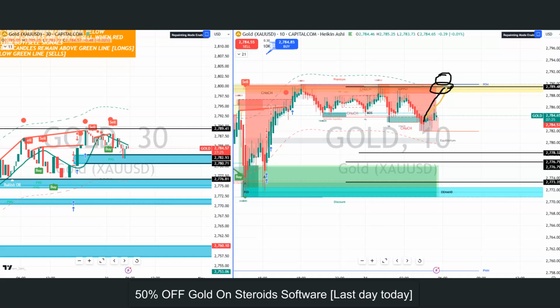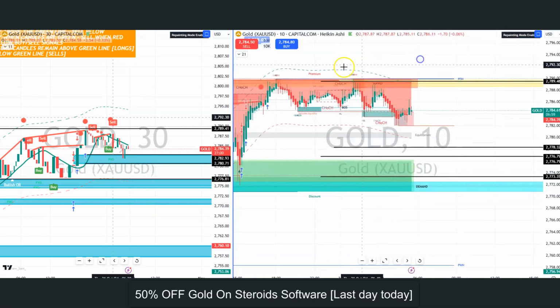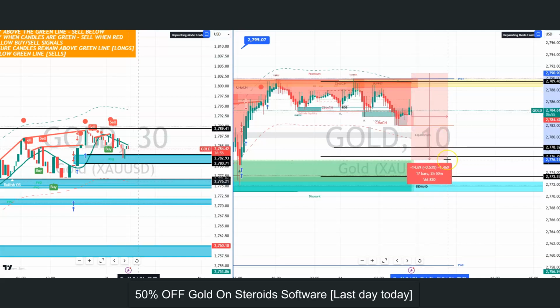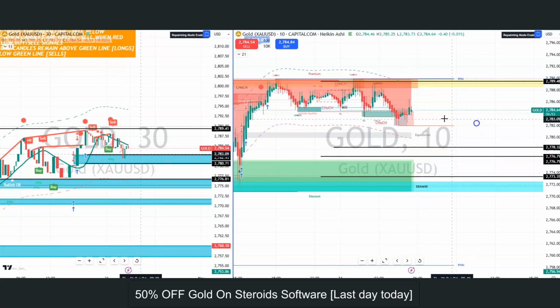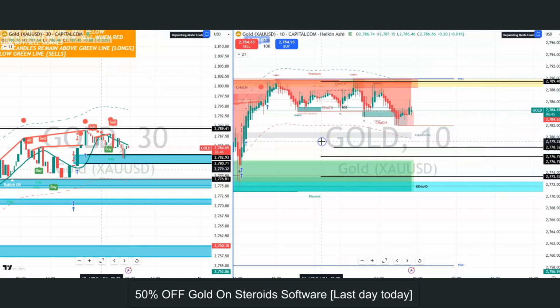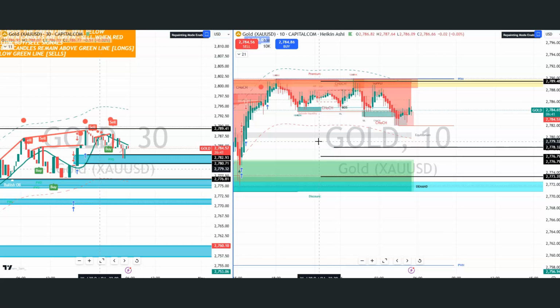It could be a fake breakout, and then the price reacts and comes back down into these areas. If it comes up to here and down to there, that's 150 pips. Or if it comes down to this area, which I'll be very interested in, and then goes back up, that's 130 pips. So there's plenty of room for lots of profits during the day.